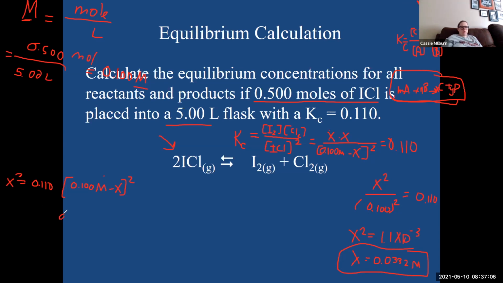Okay, so then we have 0.100 squared minus 2x, minus 2 times that value, plus x squared, because it's double. Yeah.